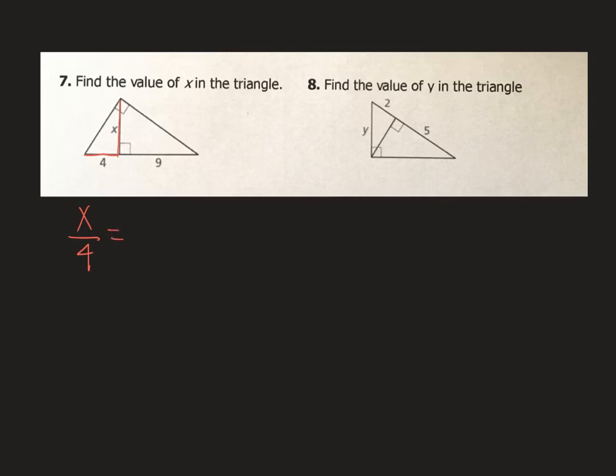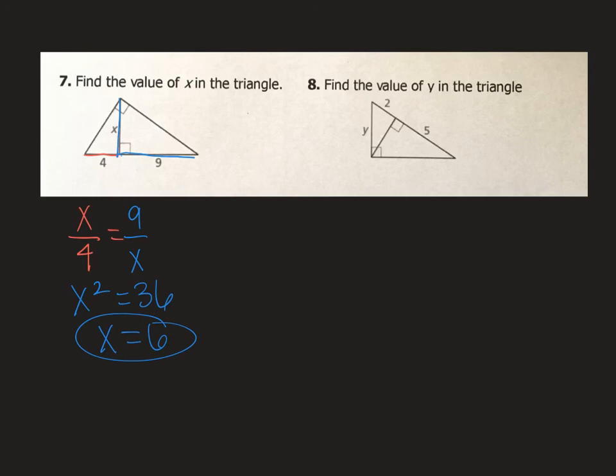And then if we come to that other side of the triangle, our longer leg is 9, our shorter leg is x. So geometric mean, really when it's just the altitude, but we're cross multiplying, x squared equals 36. We take that square root and we get an altitude height of 6 for x.